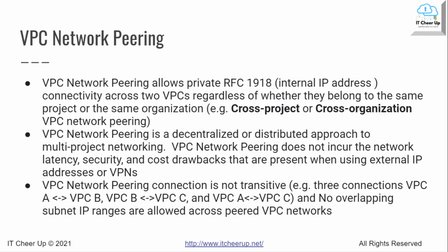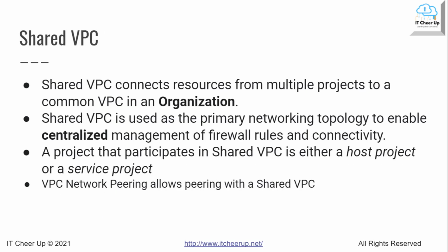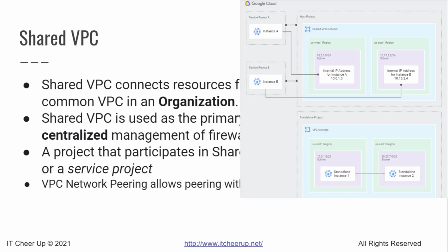Is there a way to centralize the common resources management? Yes, then let's move to the shared VPC. Shared VPC connects resources from multiple projects to a common VPC in an organization so they can communicate with each other securely and effectively using the internal IPs from that network.